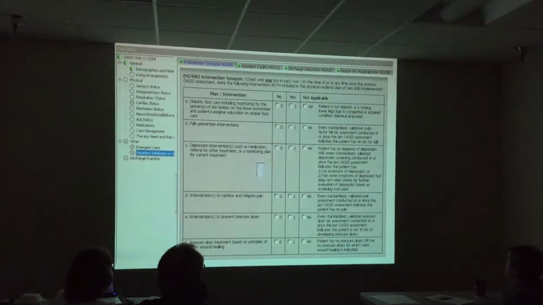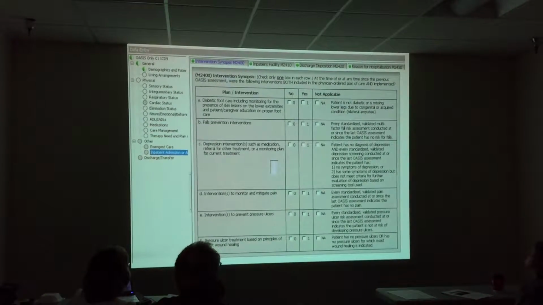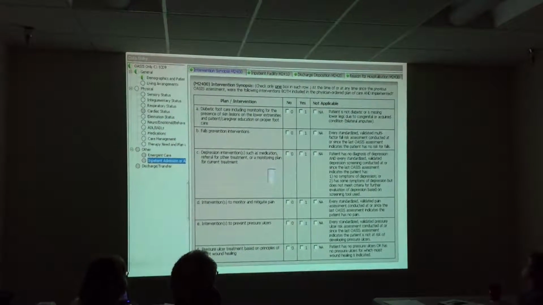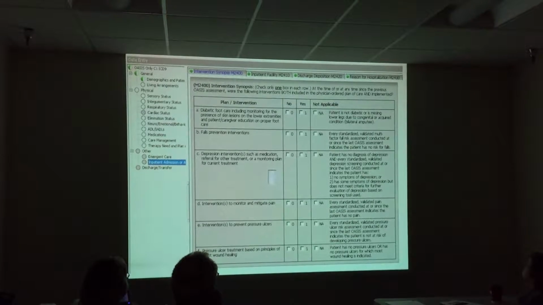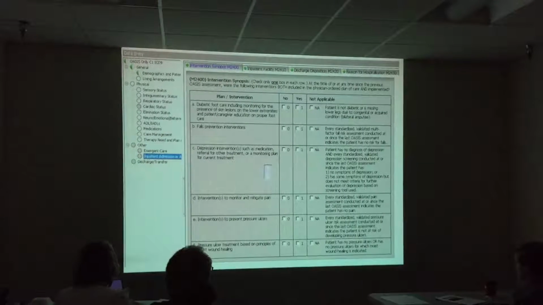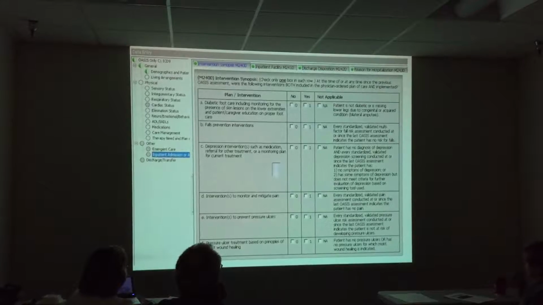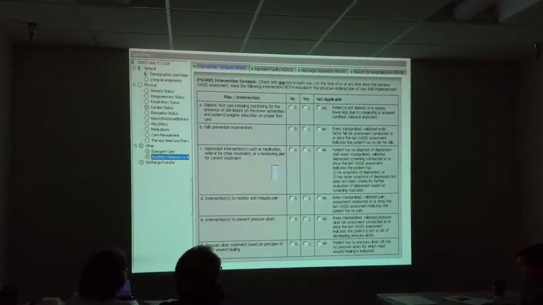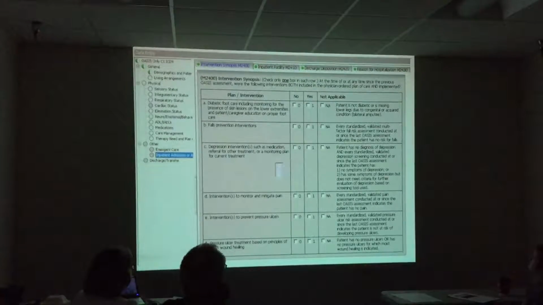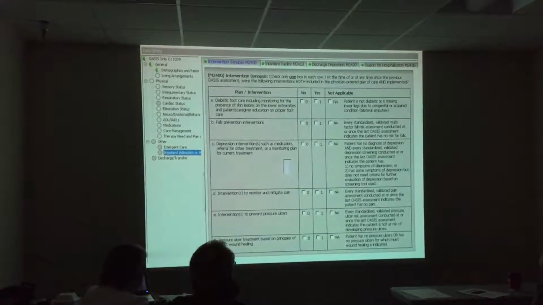Because it says, if you read it, at the time of, or at any time since the previous OASIS assessment, were the following interventions both included in the plan of care and the physician or parent plan of care, which includes any of your verbal orders or your supplemental orders, and implemented. So the only time you'd have a no on this is if we did fall prevention and we didn't address it. We opened the care plan, but we didn't do anything about it. You would hit a no.